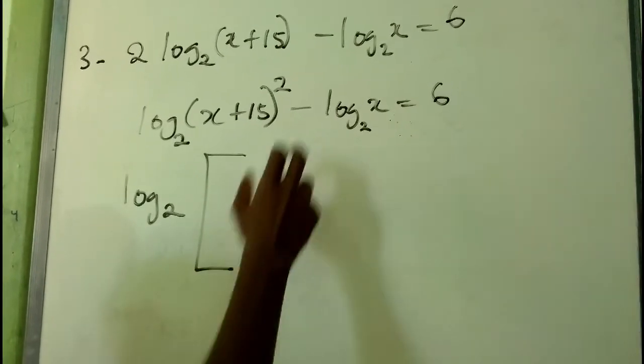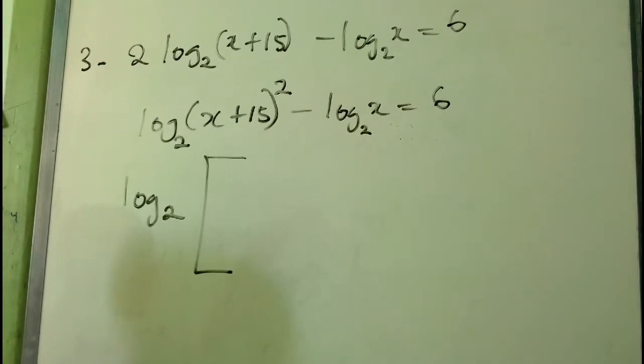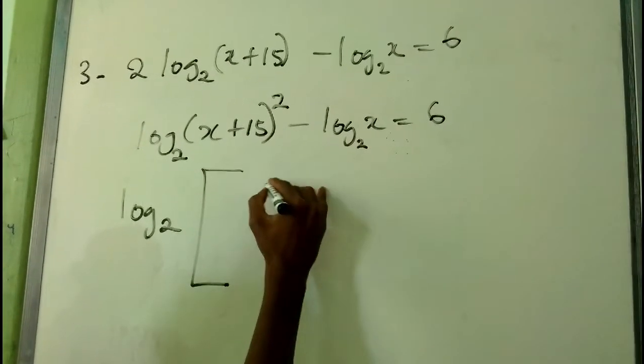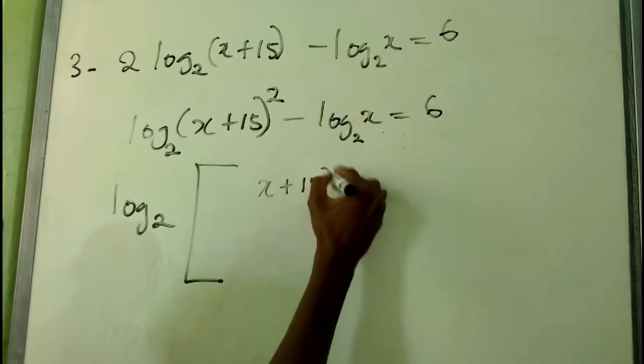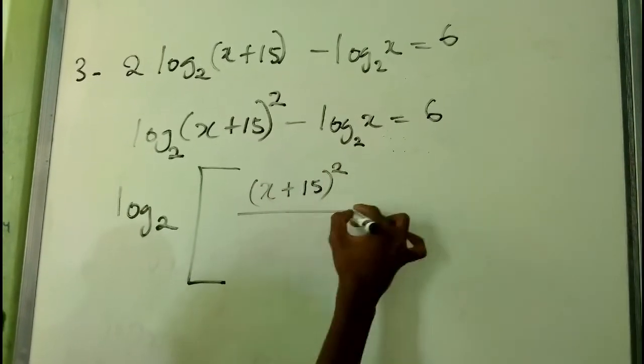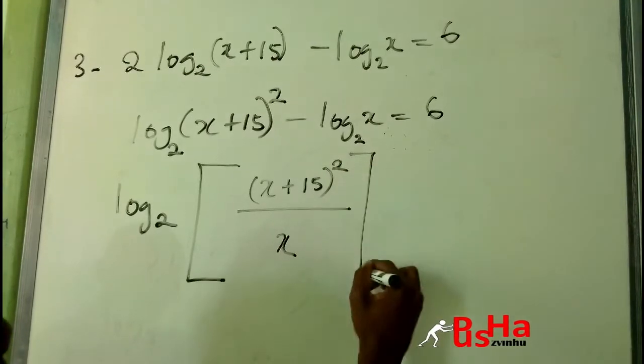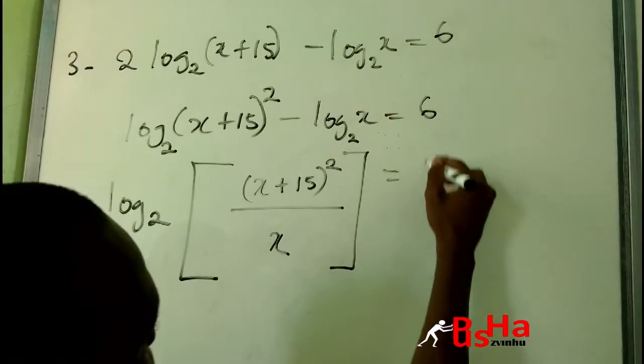Since we are subtracting, we get the quotient. So we will have (x plus 15) squared divided by x, and then we equate it to 6.